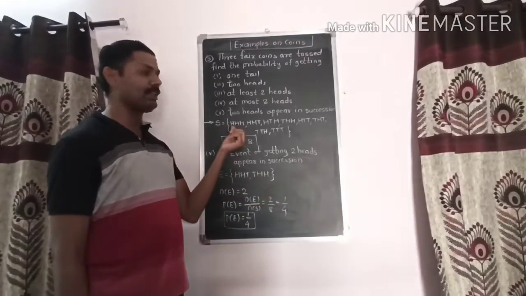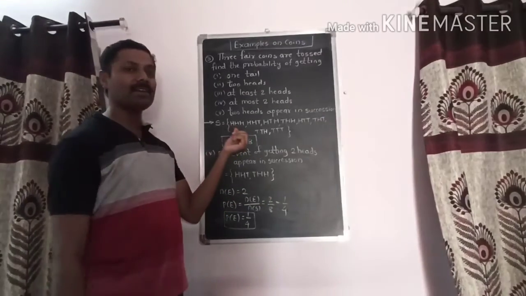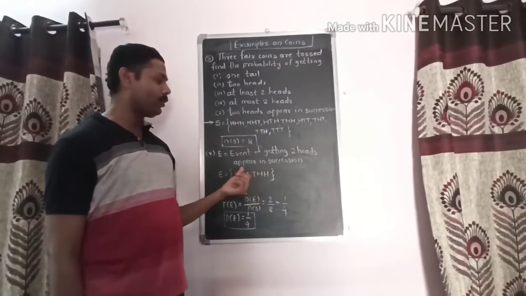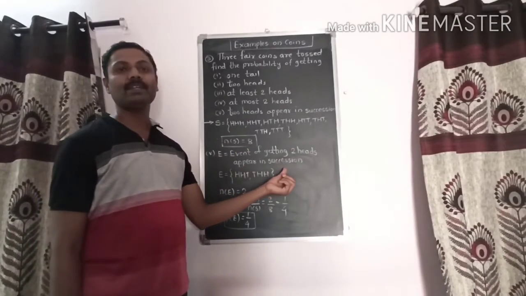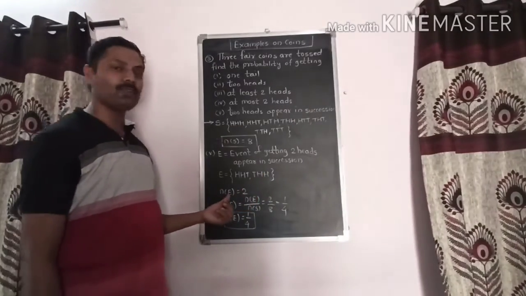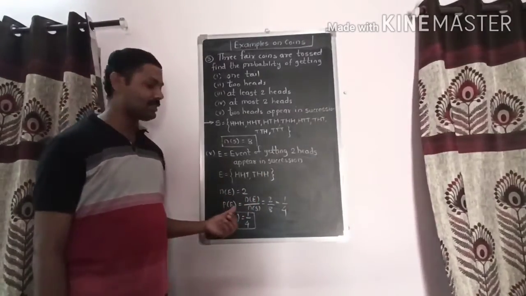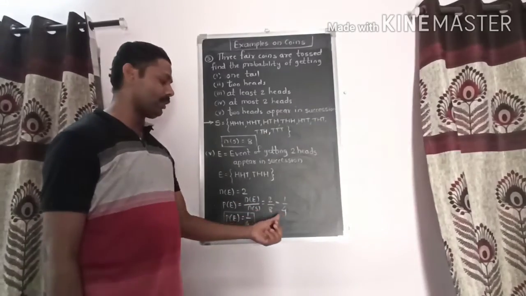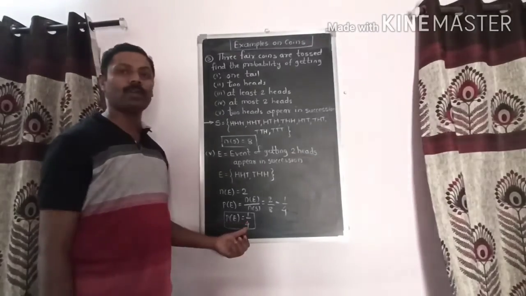We have one more option here, HHH, but there three heads are in succession. We require only two heads appear in succession. So we have only two options here. Therefore n of E is 2, P of E is n of E divided by n of S. It is 2 upon 8, which is 1 upon 4. Therefore P of E is 1 upon 4.